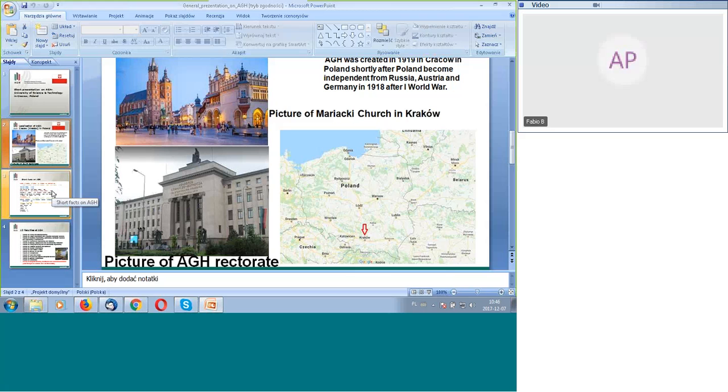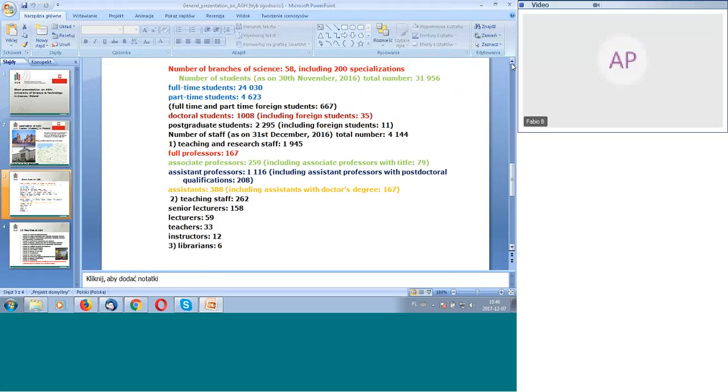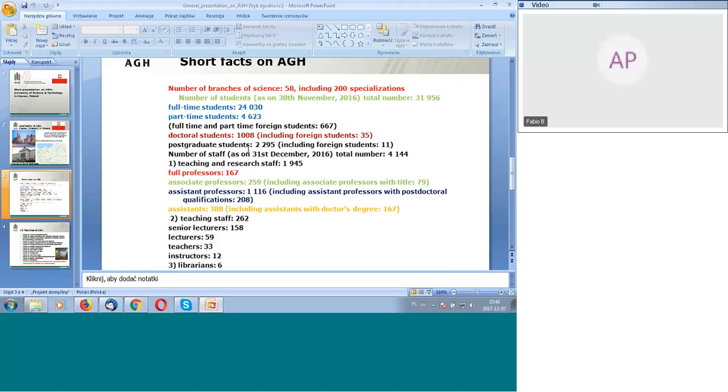It's a pretty big university. It has about 30,000 students and about 1,000 PhD students. It has 167 full professors, 260 associate professors, more than 1,000 assistant professors, and about 400 assistants. This university is deeply interconnected with industry, and there is also some development of robotics.